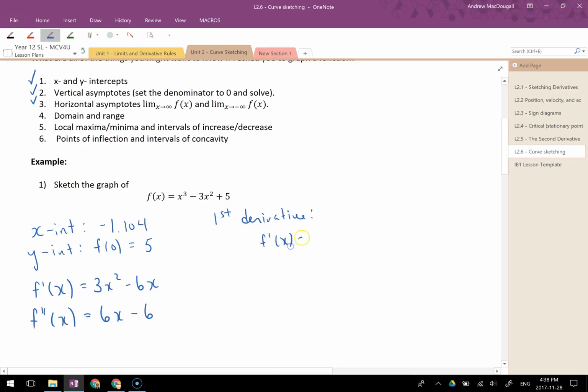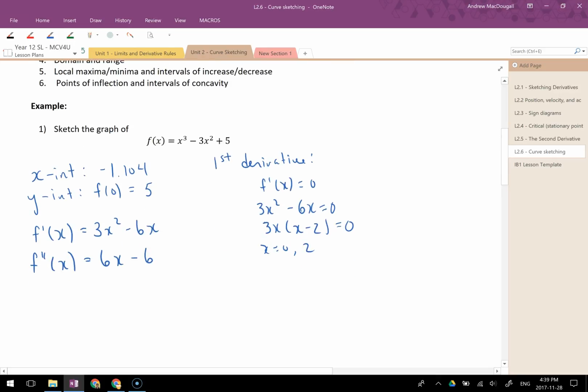If f prime of x is equal to 0, that means 3x squared minus 6x equals 0. I can factor out a common factor of 3x, so x could be 0 or 2. So I have 2 critical points.